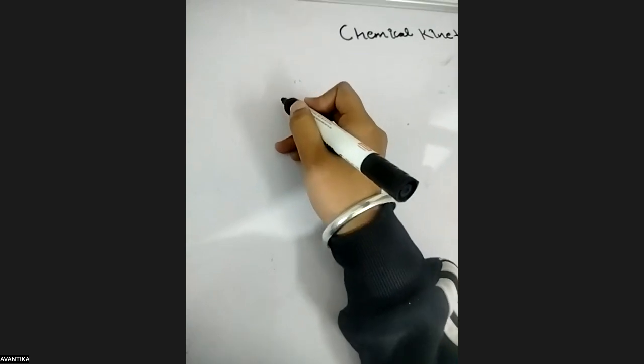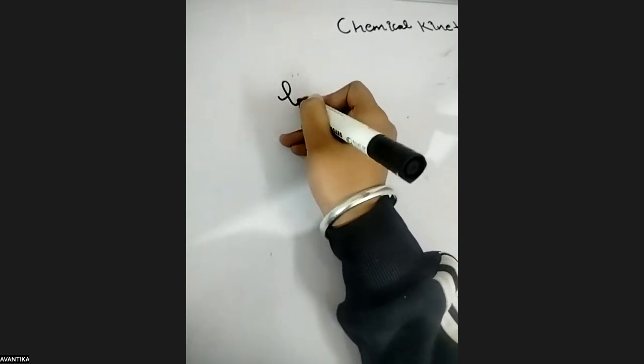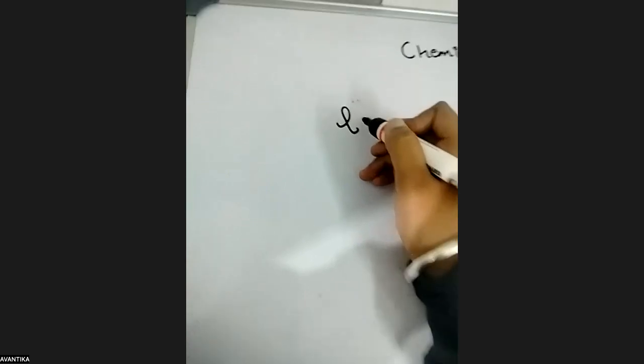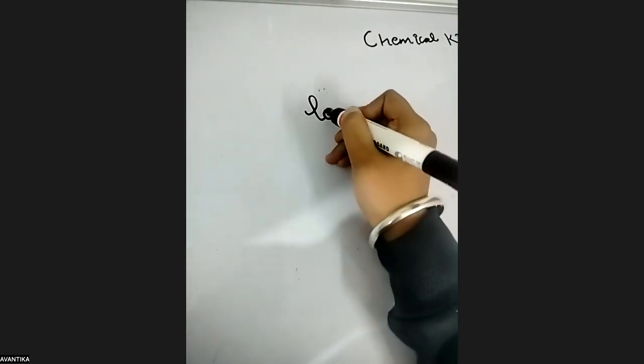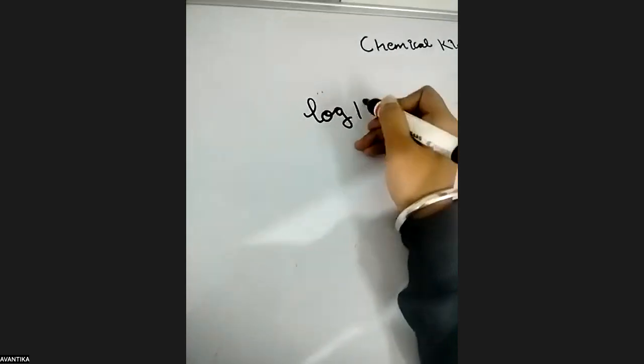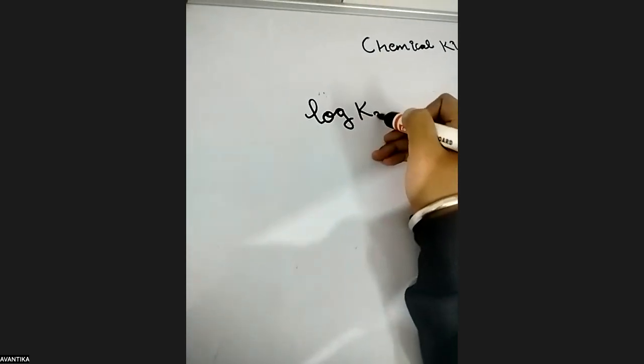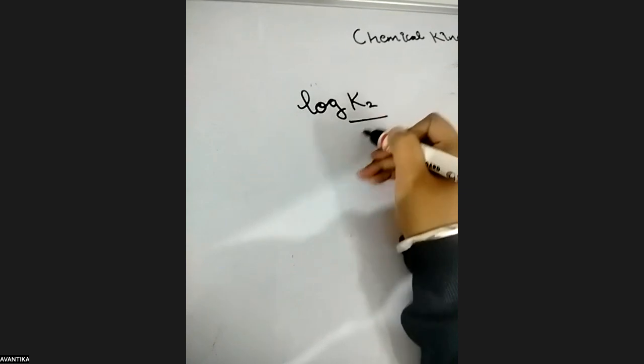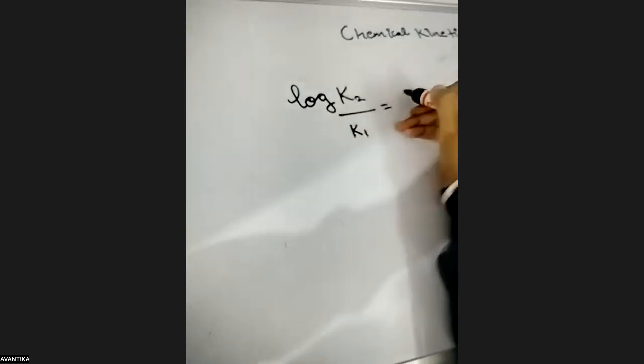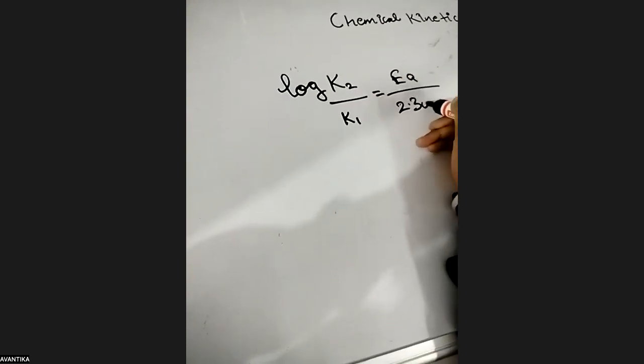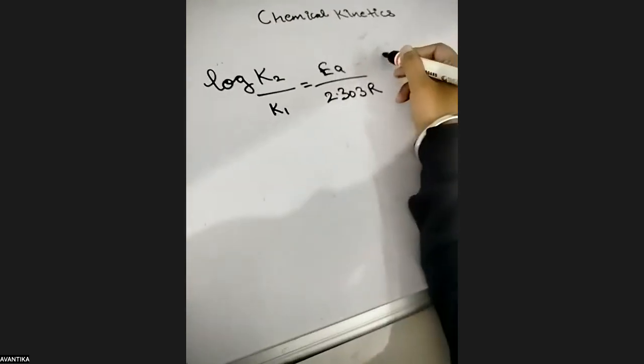Then we can calculate the rate constant at the two temperatures by log k2 by k1 equal to Ea upon 2.303 R times (1 by T1 minus 1 upon T2).